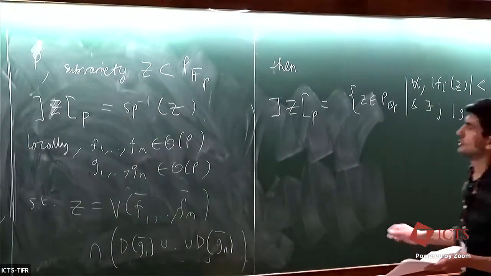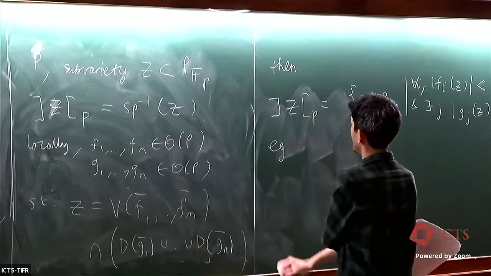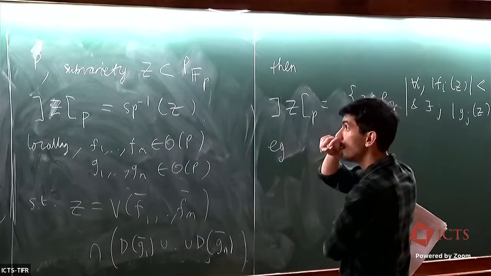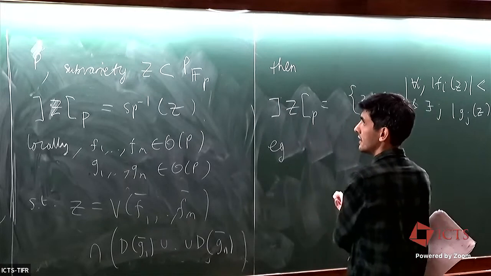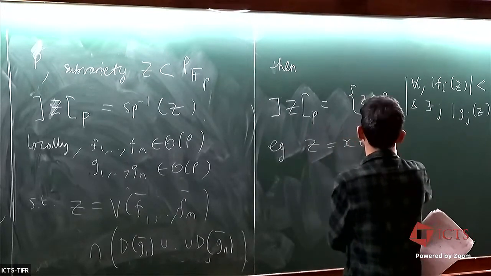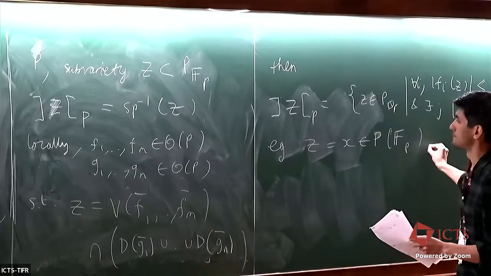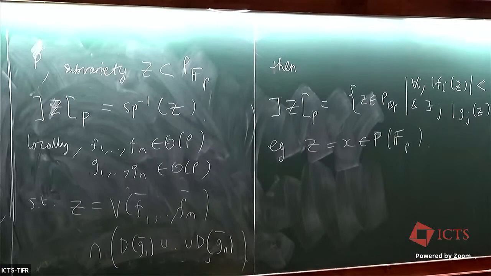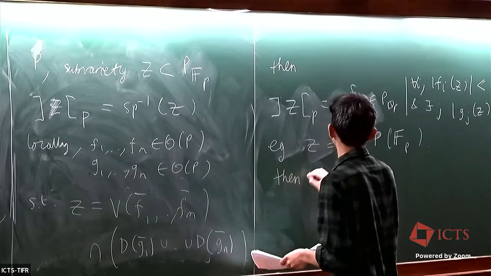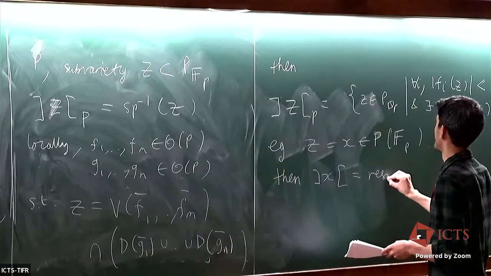So let's just do a simple example. For any variety, we could just take Z to be a point. Then the tube of x is equal to what we were previously calling the residue disk of x.